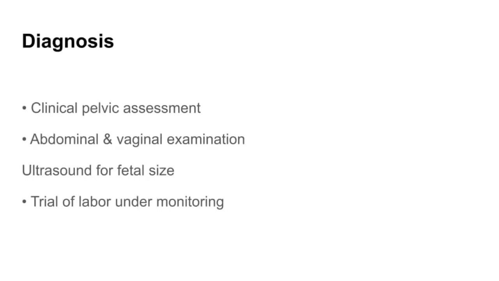Then moving to the diagnosis. What are the diagnoses of cephalopelvic disproportion? Cephalopelvic assessment. We can assess during the pelvic examination. It is also usually determined by palpation, by touching directly the pelvis, and using X-ray.